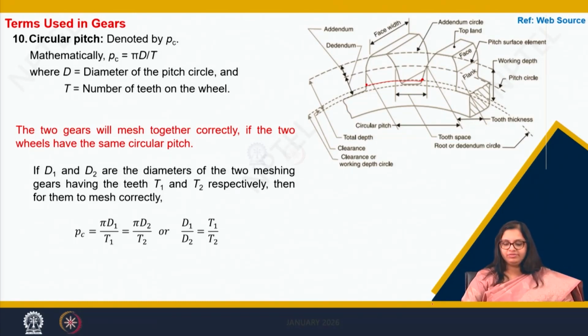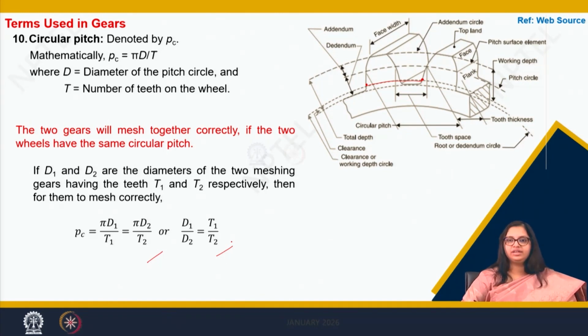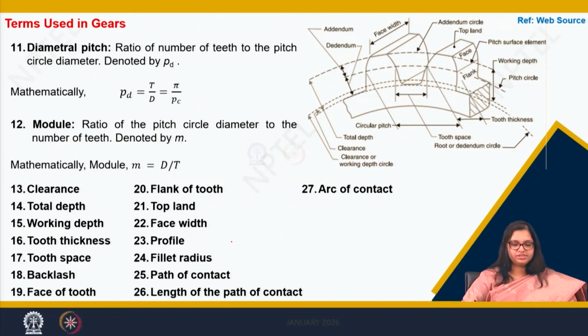So, the circular pitch is pi d by t. However, when two wheels are meshed with each other, their circular pitch should be the same, that is pi d1 by t1 is equal to pi d2 by t2. So, this gives us a relation between the diameter and the teeth of the two gears.